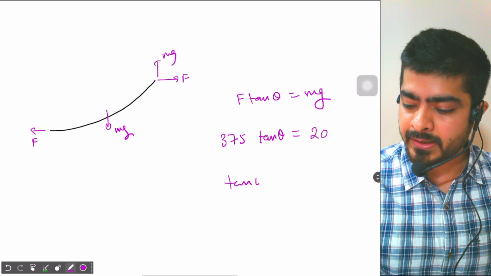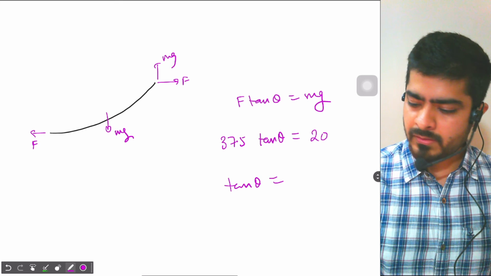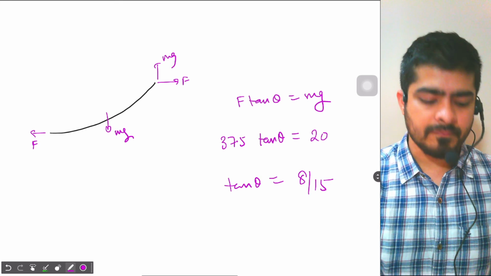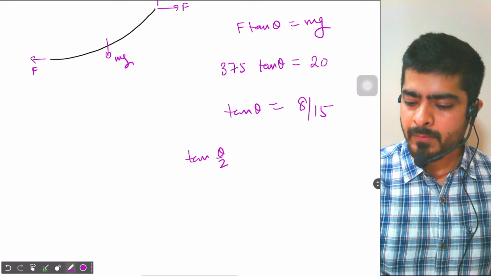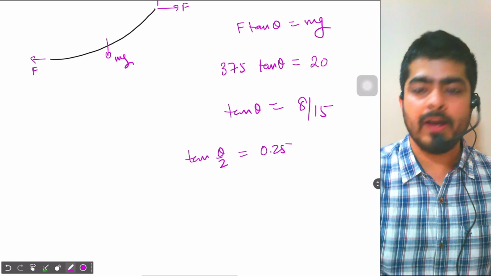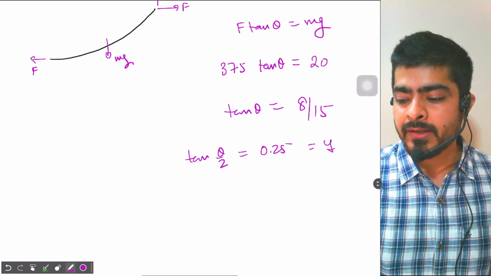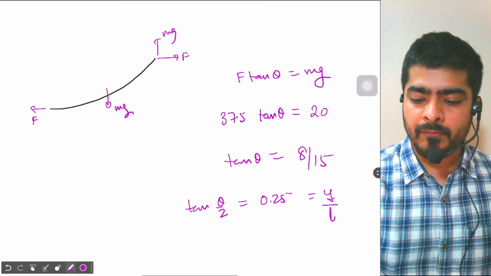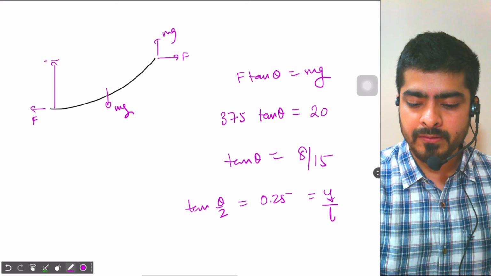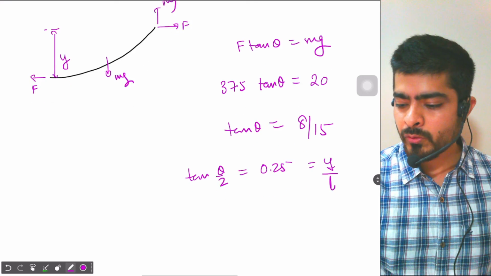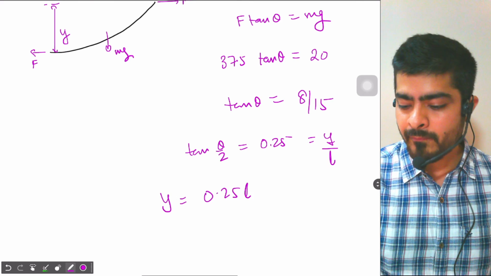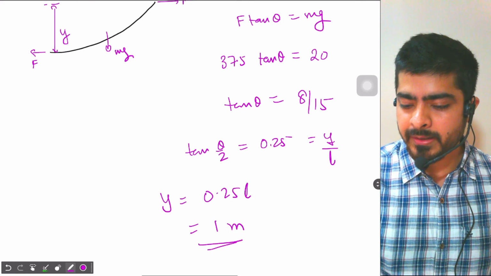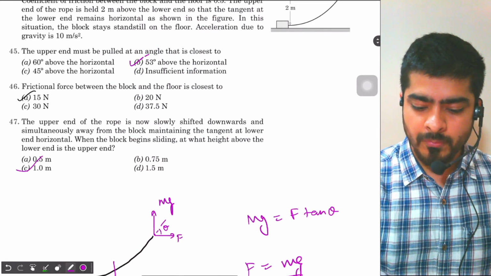So tan theta will be 8 by 15. Then if you calculate, tan theta by 2 will be approximately 0.25, and tan theta by 2 we have calculated is equal to y by L, where y is this height, and L is the total length of the rope. So y will be 0.25 L and L is 4 meter. So this will be equal to 1 meter. So option C will be correct here.